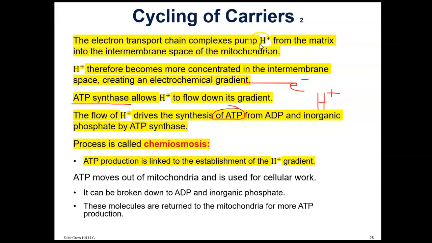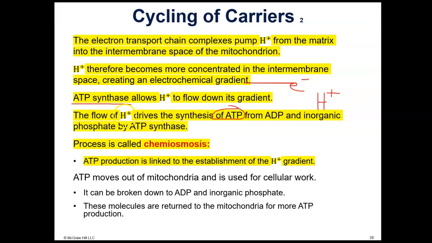Then that energy is used to pump hydrogen ions across the membrane, out of the matrix into what we call the intermembrane space. That builds up a concentration gradient of a high concentration of hydrogen ions. So when they encounter ATP synthase, the hydrogen ions flow back through it.